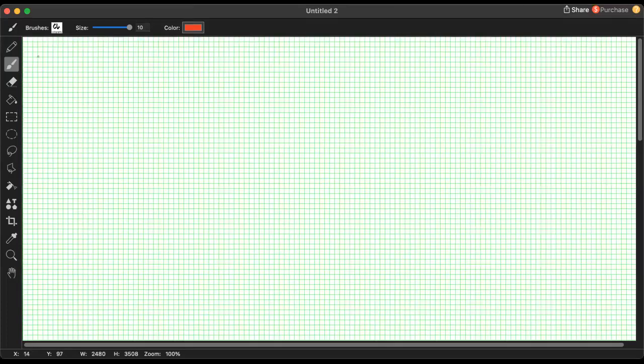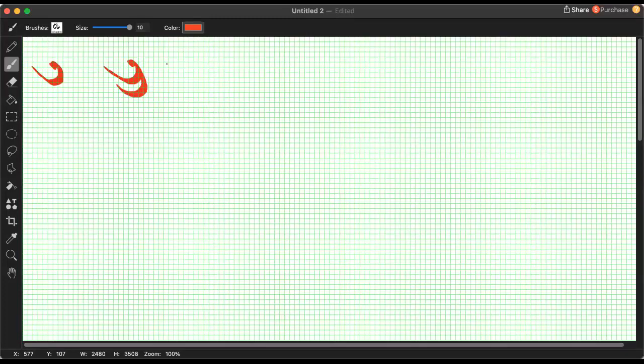We all know that for U and U, we have a special rule like this, right? This is U. And for U, we follow first, we'll add this, and from here, we'll add another curve at the bottom. So this is U and U. And the alphabets for this, as I told you, I'll repeat those again.